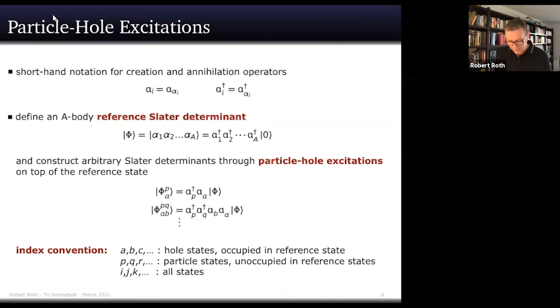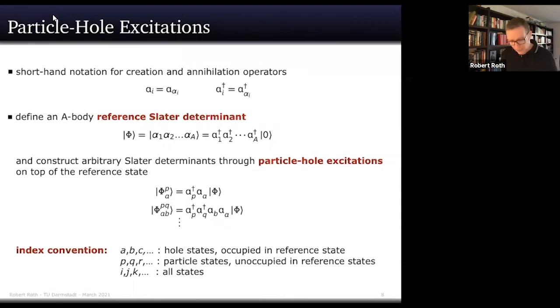You can essentially change the single particle state of one particle out of your Slater determinant by applying an annihilation operator and a creation operator with different indices. You can do that for 2, 3, 4, 5, 6, 7, up to A. And this is a hierarchy of particle-hole excitations in your basis of Slater determinants.